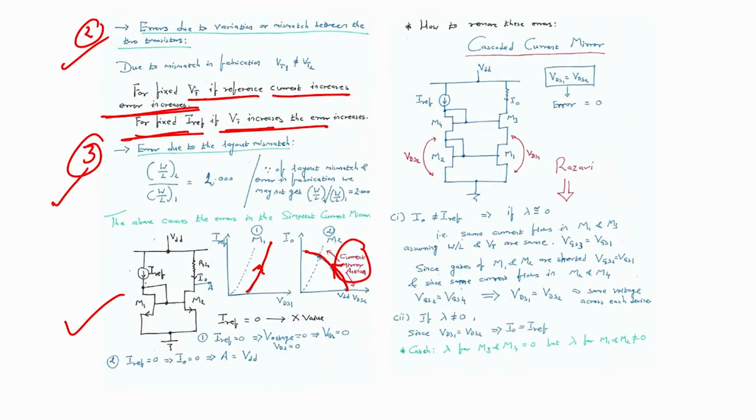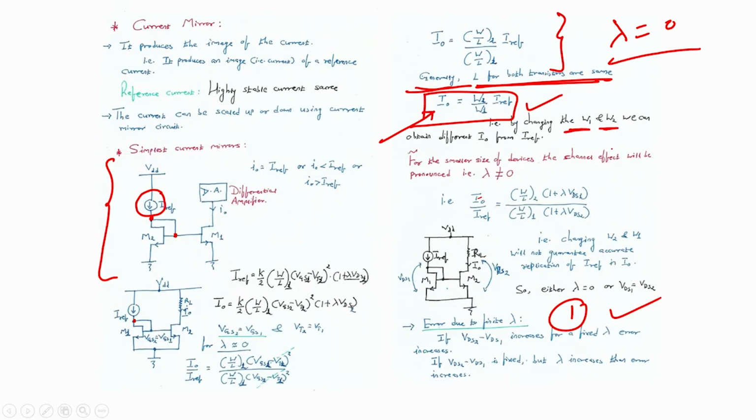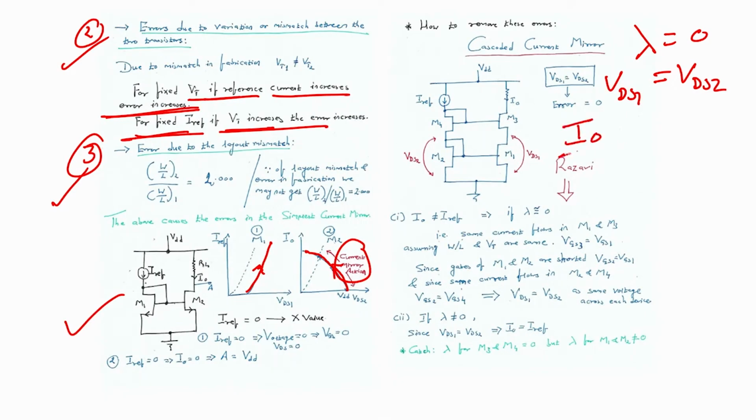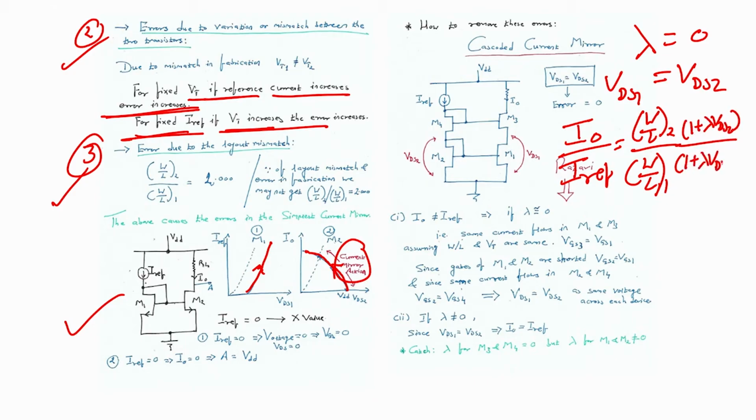What we want is either lambda equals 0 or VDS1 equal to VDS2, because if I see my equation, IO by I reference is nothing but W by L of 2 divided by W by L of 1 into 1 plus lambda VDS2 divided by 1 plus lambda VDS1.